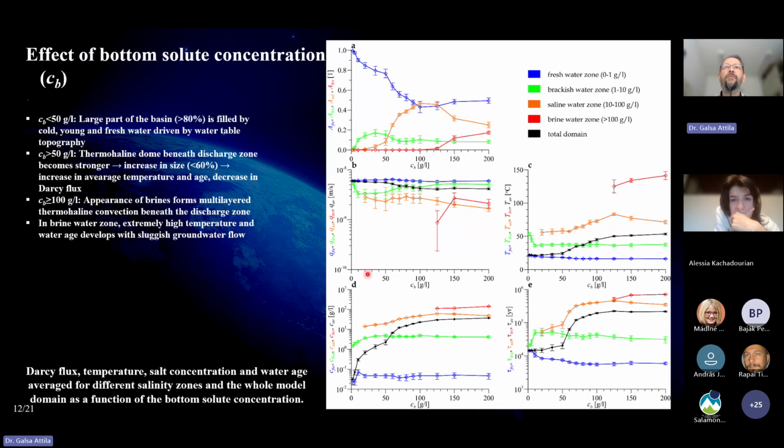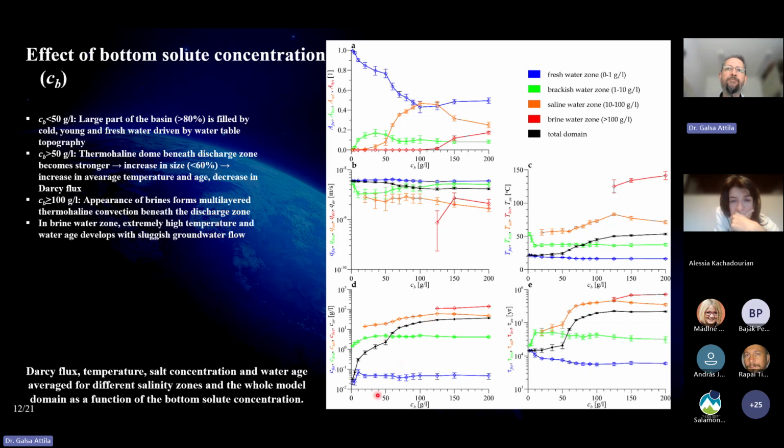So, increasing the bottom solute concentration reduces the groundwater flow. That's why the Darcy flux averaged for the total domain, this is the black curve, decreases, leading to increased temperature, increased water age, and also increased solute concentration.